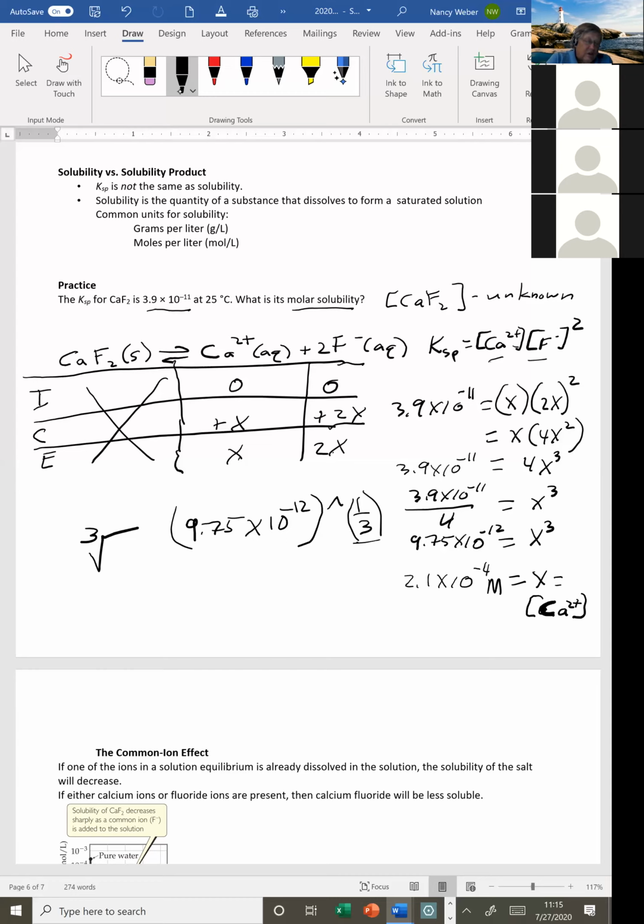So the solubility is based on the stoichiometry for the calcium fluoride. So that's going to equal the calcium ion. And if I wanted the fluoride concentration, it's just going to be 2 times that. Any questions about that kind of problem?